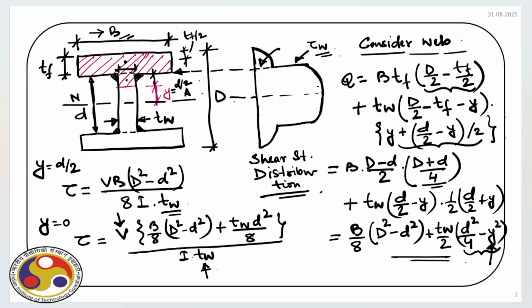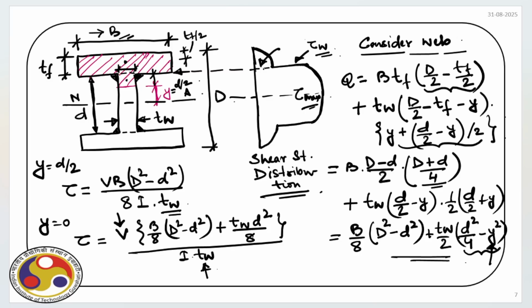Here in this case again we have maximum, tau max is here obviously at the middle. So when you design the web, you have to consider this magnitude of the shear stress because webs are designed against shear stress.